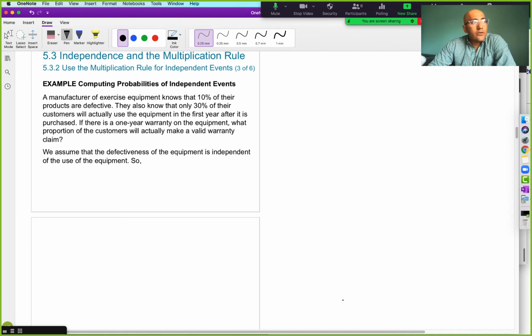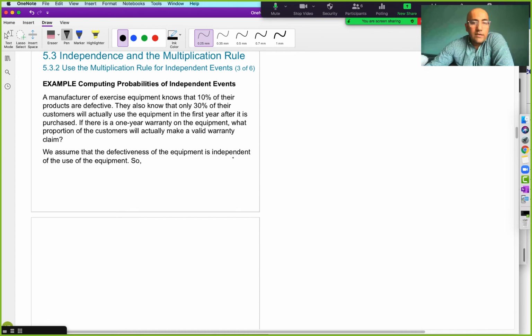If you wait longer than a year to try it out, if you're one of these 30% of people that don't use the equipment in the first year, then even if you realize that you have a defective product, once the year is up, you're out of luck. You can't take it back anymore, and you can't get your money back. You can't get it fixed. You're stuck with it. Okay?